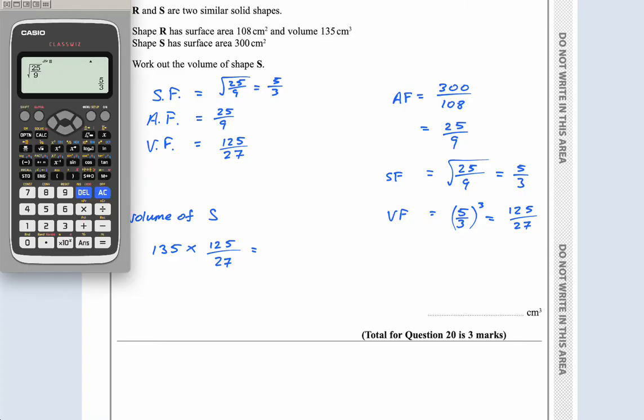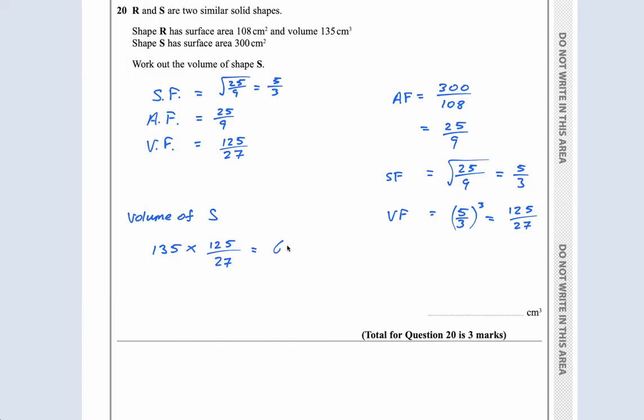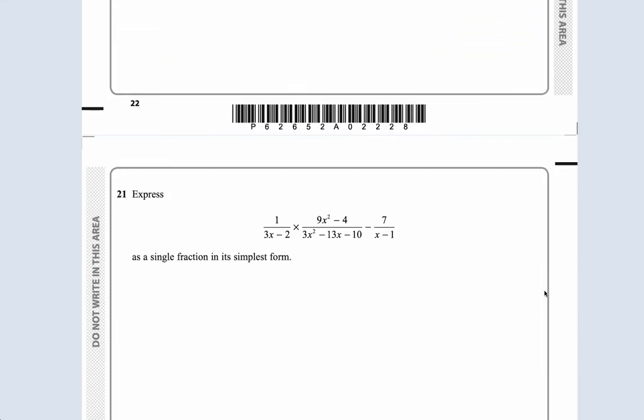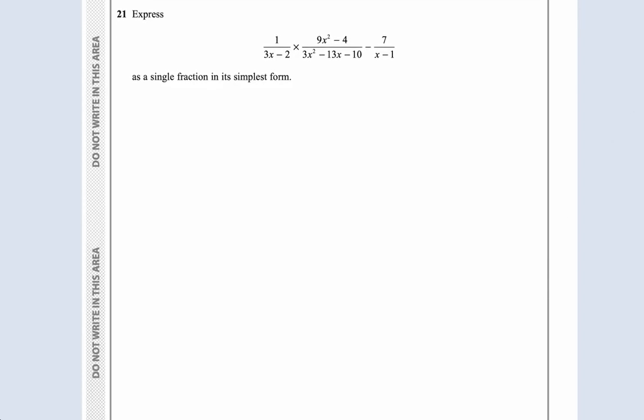Okay, this is 135 times 125 over 27, which is exactly 625. That's a nice round number. So this is 625 centimeters cubed.